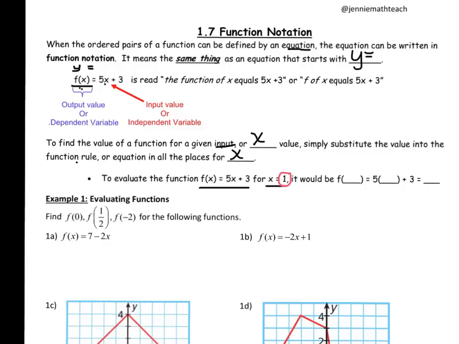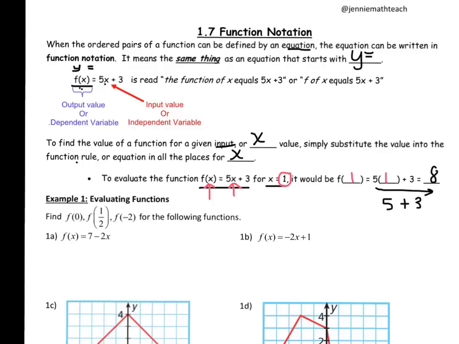That means everywhere we see the x, we're just going to write a 1. So it would read f of 1 equals 5 times 1 plus 3. And then you would do the math from here forward. 5 times 1 is 5. 5 plus 3 is 8.